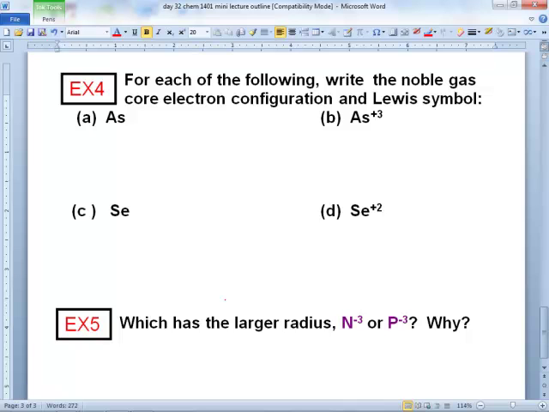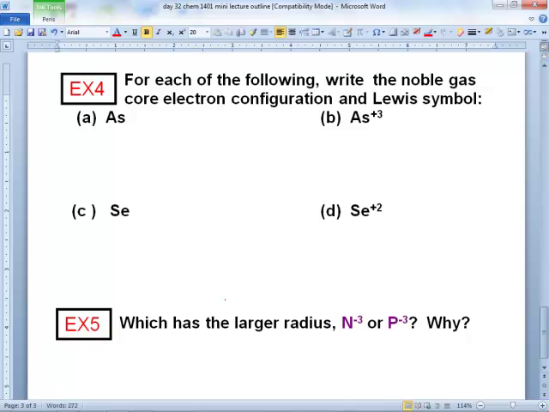Argon, 4s2, and keep going. 3d10. But arsenic, Monica, is right here. So you need 4p1, 4p2, 4p3. You're not at arsenic until 4p3. Then you're there. And that's it.